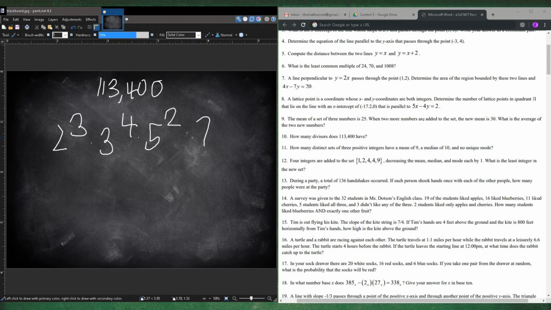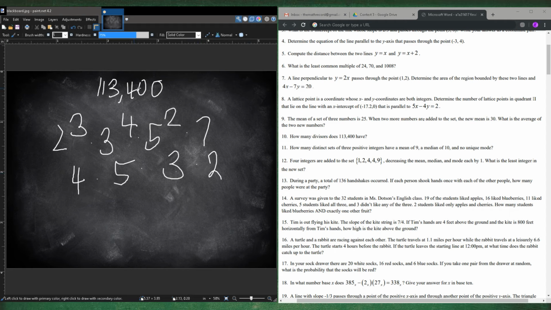So basically what you're going to do is add 1 to each exponent. So 3 plus 1 is 4, 4 plus 1 is 5, 2 plus 1 is 3, and 1 plus 1 is 2. Then if you multiply all these, they give you the total amount of divisors that the number has.